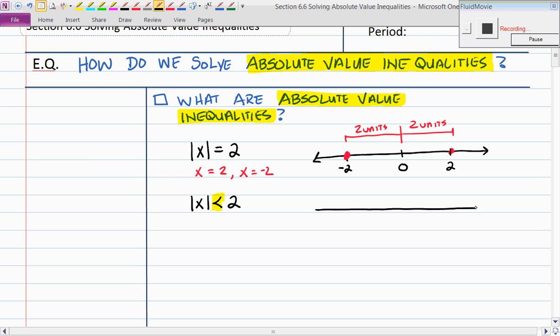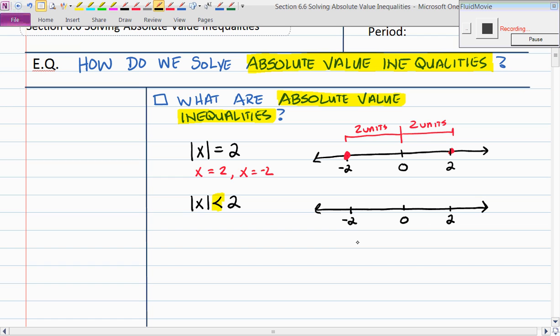So what we're going to do is examine this the same way. We're going to draw our number line here, and say, okay, this is 0, this has to be 2, and this has to be negative 2. And we want all values of x that are less than 2 units away from 0. Well, this is going to create a whole bunch of them. I can think of a couple of numbers whose absolute value is less than 2 units away.